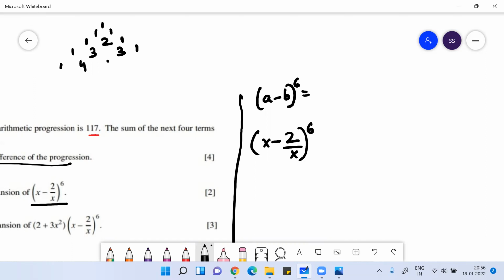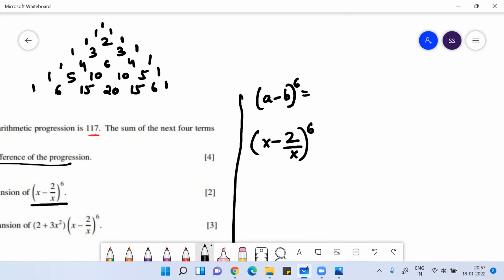So this is 1 4 6 4 1, then 1 5 10 10 5 1. For power 6, you need 1 6 15 20 15 6 1. So this is power 6.